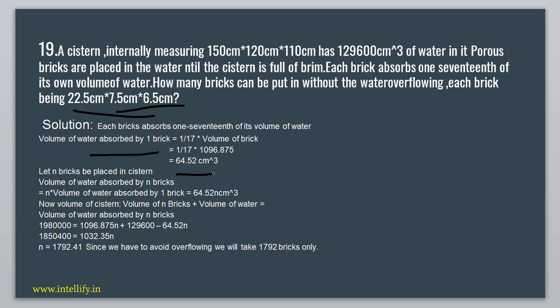Now we'll try to form an equation. Using the dimensions of the cistern, we have found the volume of the cistern, which is 198,000.